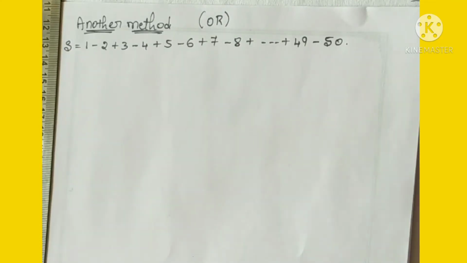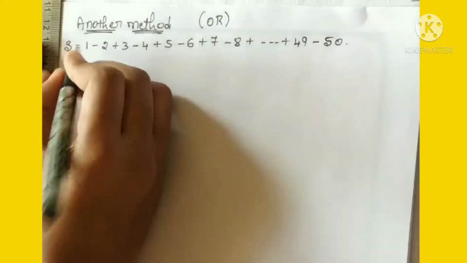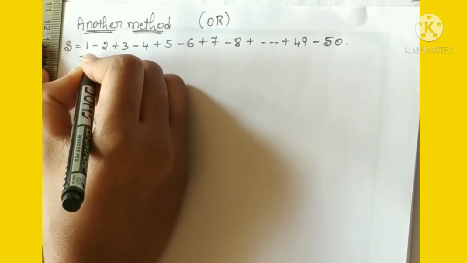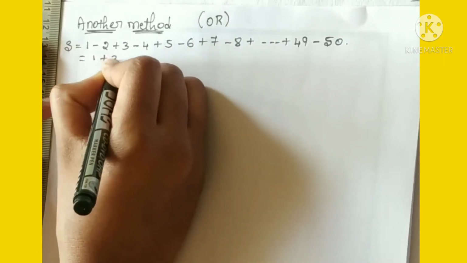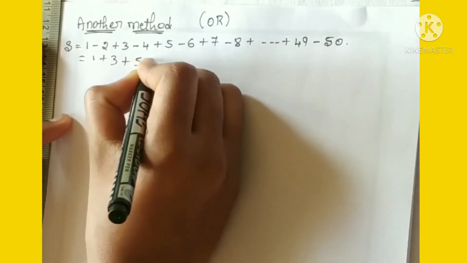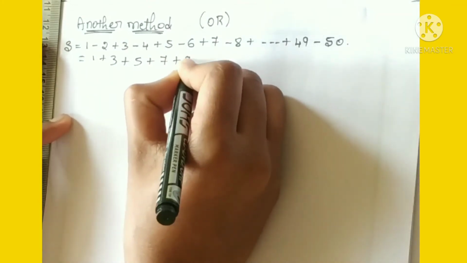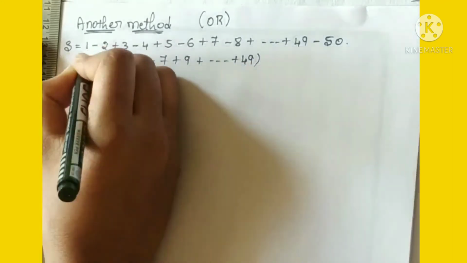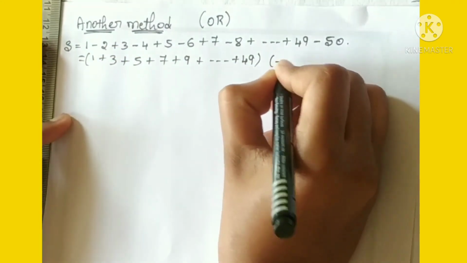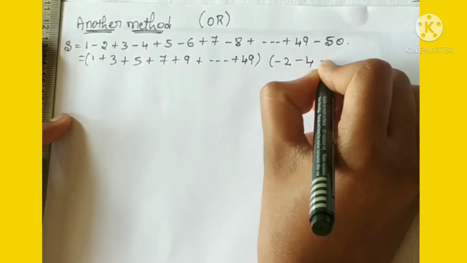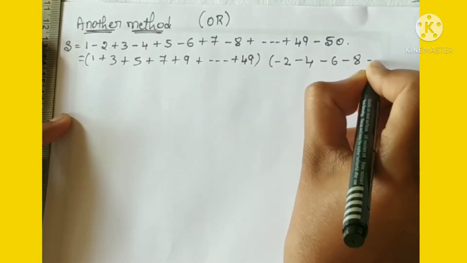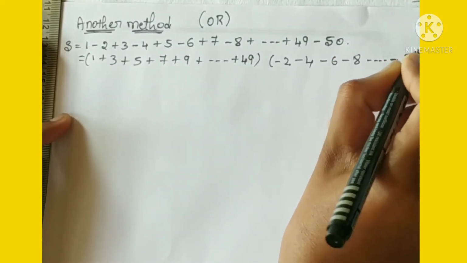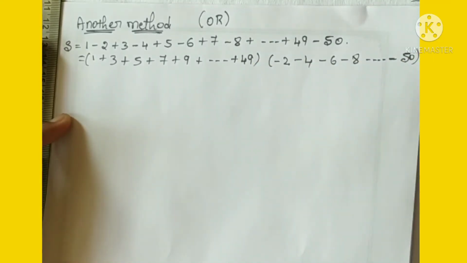Now I separate odd terms one side and even terms one side, that is 1 plus 3 plus 5 plus 7 plus 9 plus so on 49, and minus 2, minus 4, minus 6, minus 8, so on, minus 50.